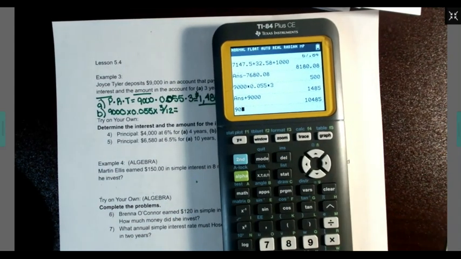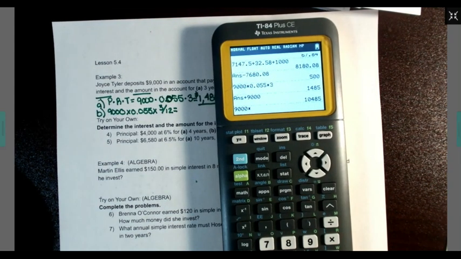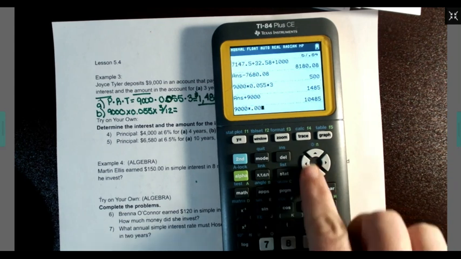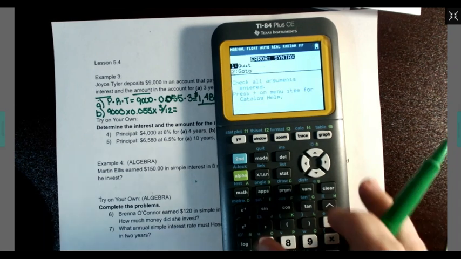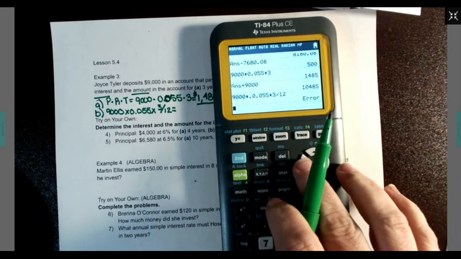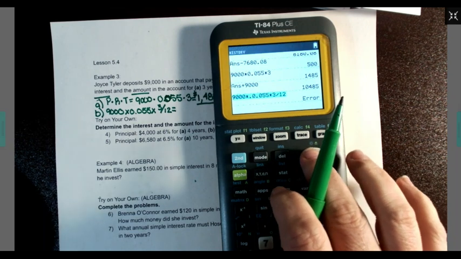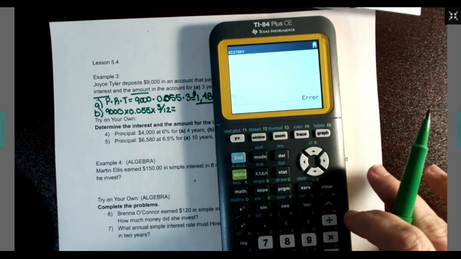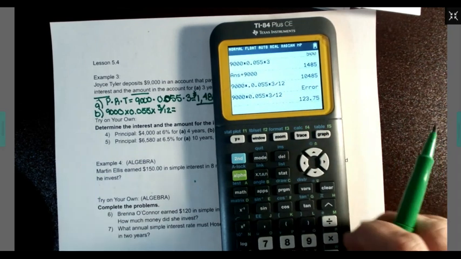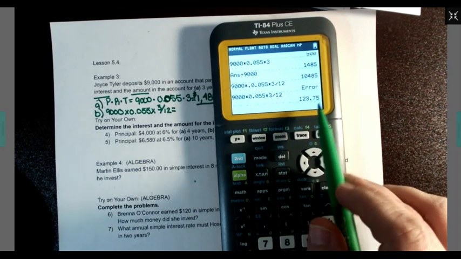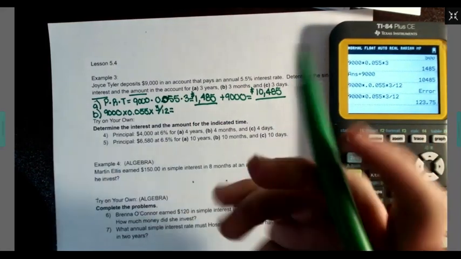So I'm going to do 9,000 times 0.055 times 3 divided by 12. Oops, I messed up somewhere. Oh, there it is. I put one too many decimals here. Yep, that's going to kick it back. $123.75.